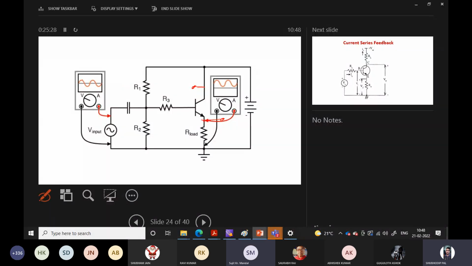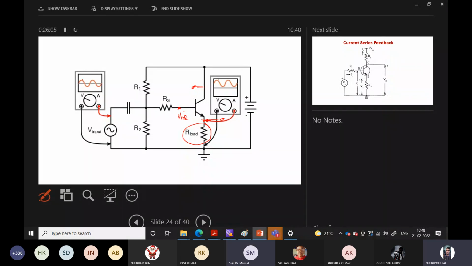So now, as it is in the same phase, the overall input voltage VBE is decreased due to the voltage drop across this load resistance, because it has the same polarity. So it will decrease the input current as well as the output current. So there is a self-correction mechanism: any changes in current or voltage can be compensated by this circuit mechanism.